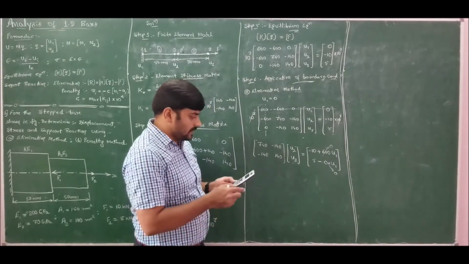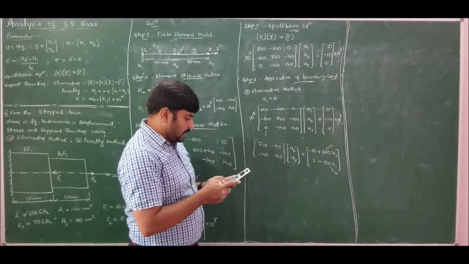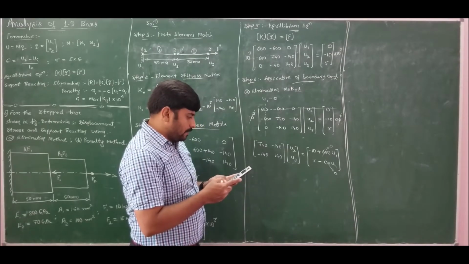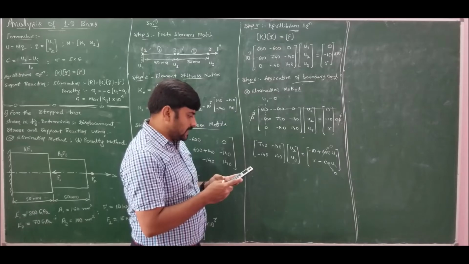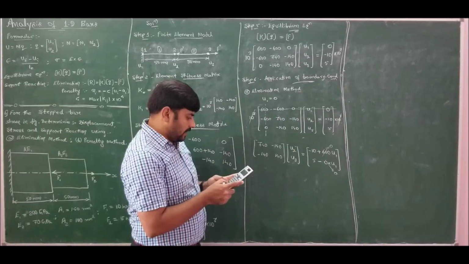Now if I solve this equation by using two equations with two unknowns, I will get 740, minus 140; minus 140, plus 140, equal to minus 10 and 5.